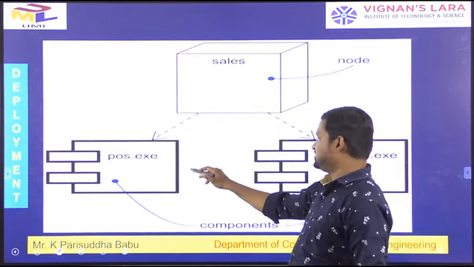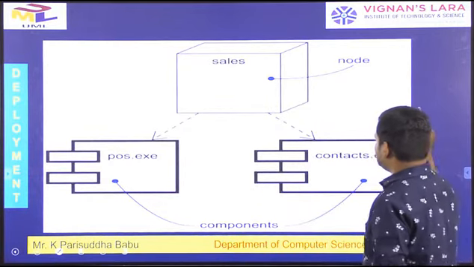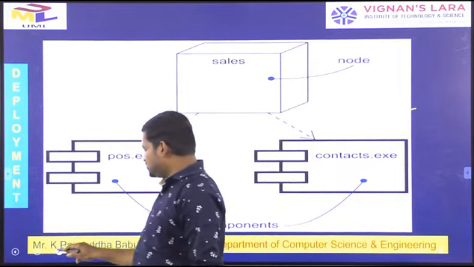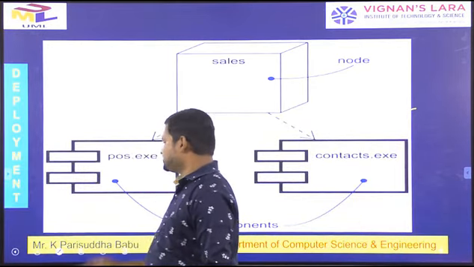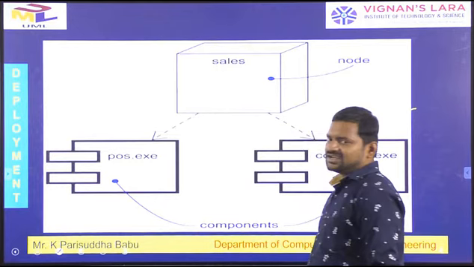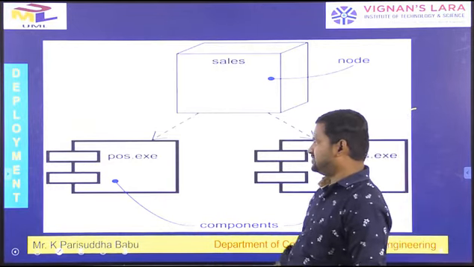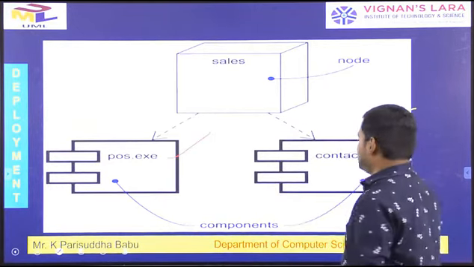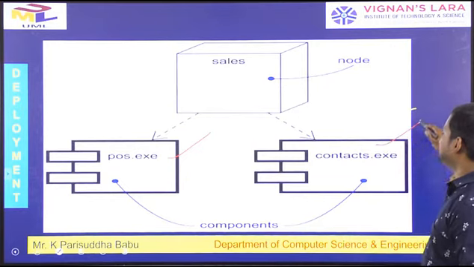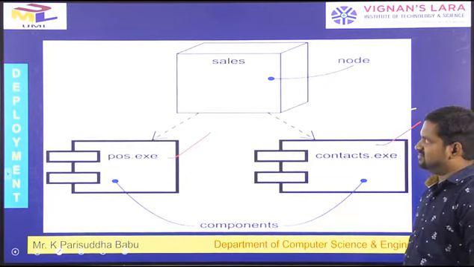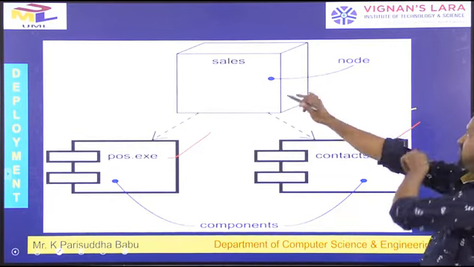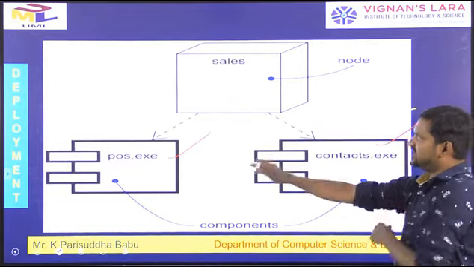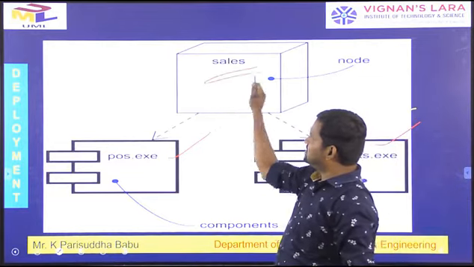See, what are these? This is a component. This is one component. Both are components. POS.exe is a component. Contacts.exe is another component. What is the node? The sales node. Sales is a node.